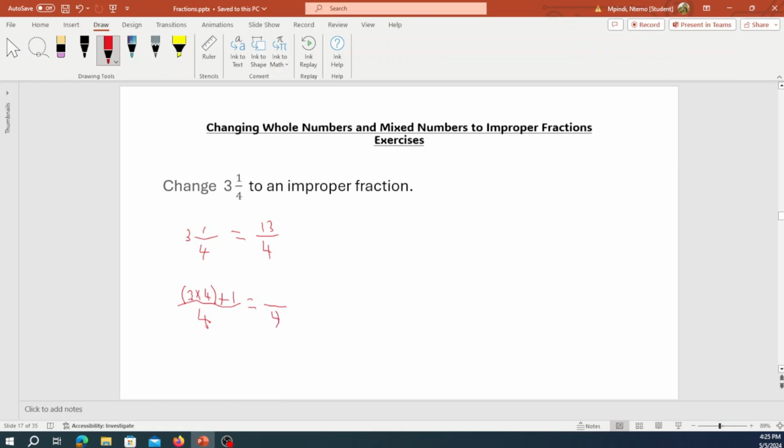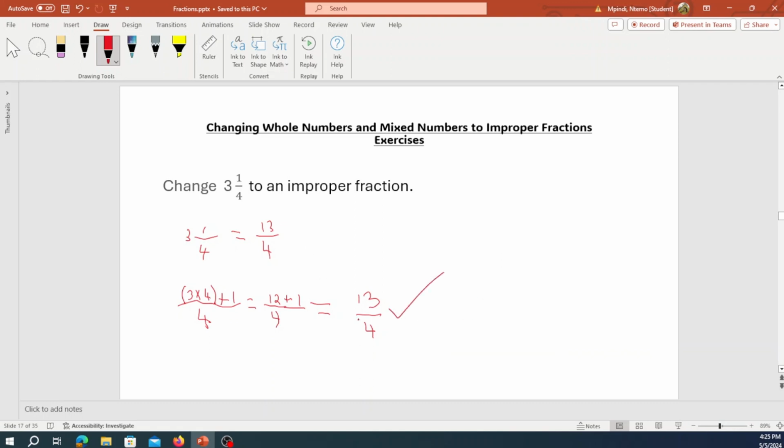So when you do 3 times 4 equal what? 12. Equal 12. Plus this 1. See what you're gonna get is, and that's how we get this answer.